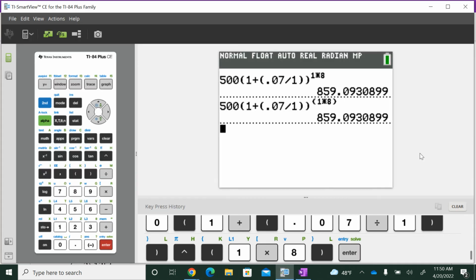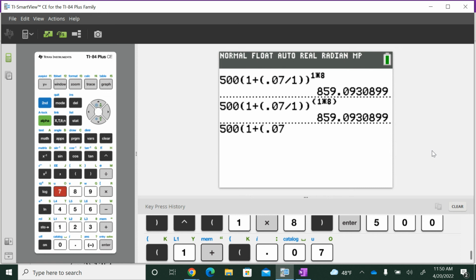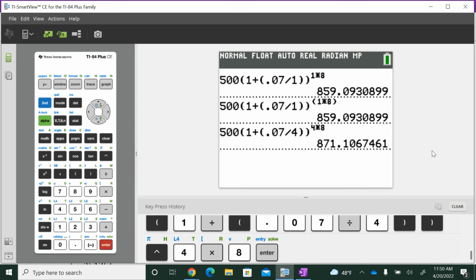Then you can plug it back into your calculator. So 500 times 1 plus 0.07 divided by 4, parenthesis, exponent, 4 times 8. 871.11.